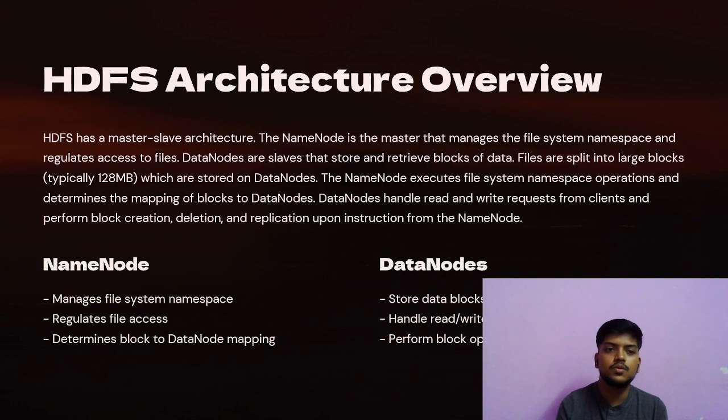HDFS architecture overview. HDFS has a master-slave architecture. The NameNode is the master that manages the file system namespace and regulates access to files. DataNodes are slaves that store and retrieve blocks of data.